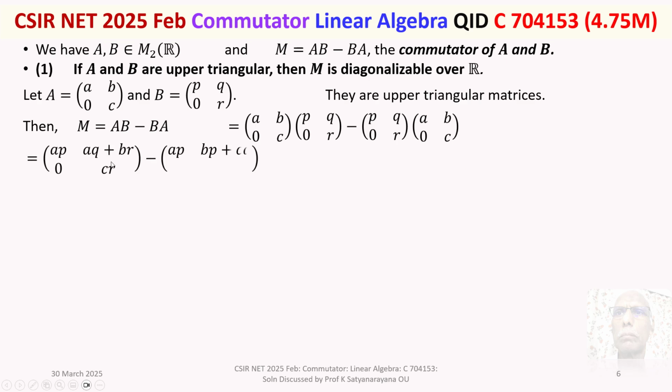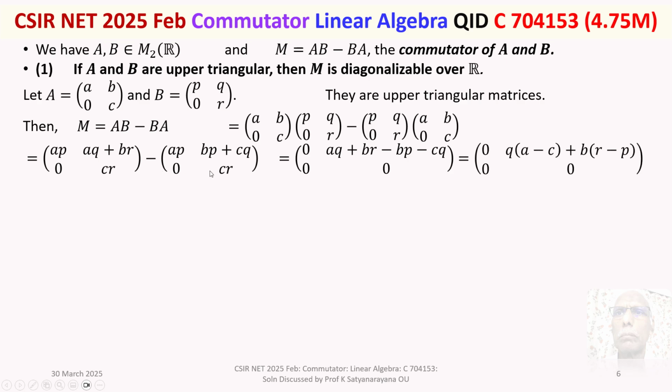So after multiplication, you get this matrix minus this matrix, and subtract, you will get this matrix, and that is equal to [0, q times (a minus c) plus b times (r minus p); 0, 0]. So what is this? This is again an upper triangular matrix.